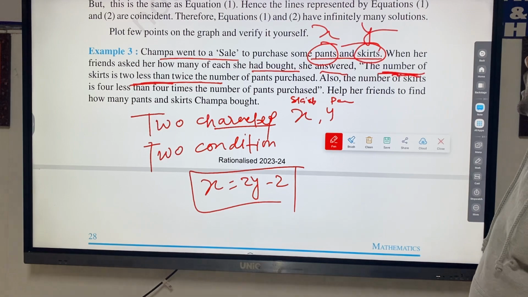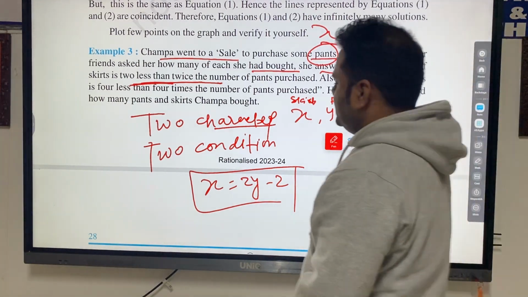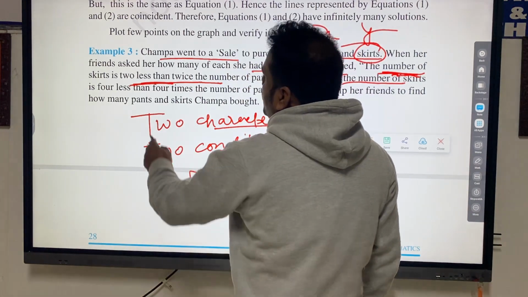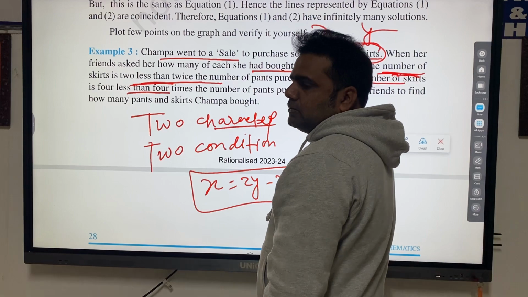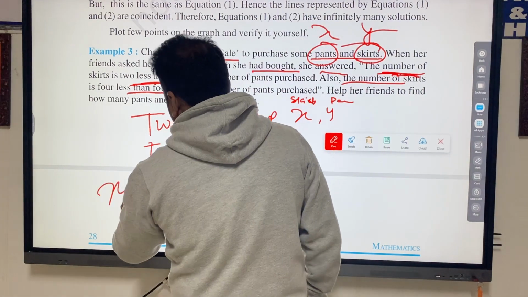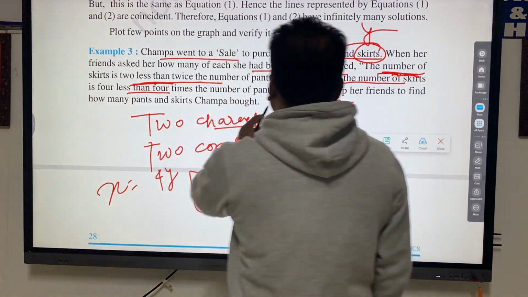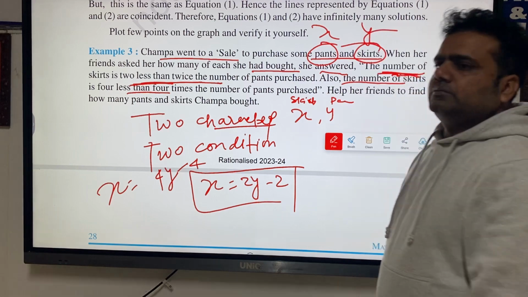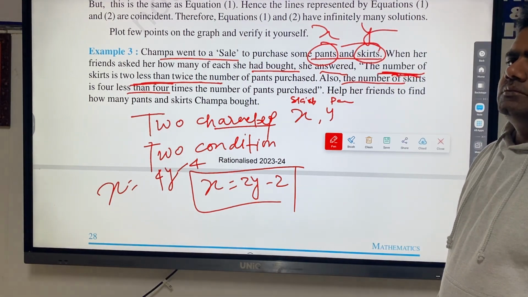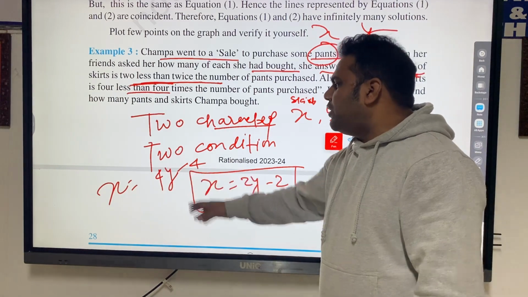One equation. And also the second condition, the number of skirts is 4 less than 4 times the number of pants. So X is equal to 4Y minus 4. Okay, so X is equal to 2Y minus 2 and X is equal to 4Y minus 4.